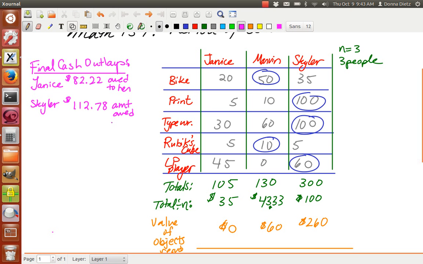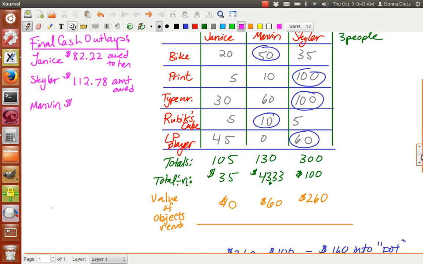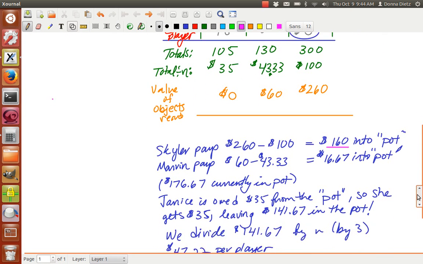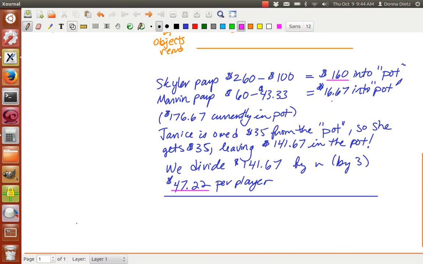And then who else do we have? We have Marvin. The question is, is Marvin going to pay or is Marvin going to receive? Well, clearly if Skylar is paying 112, Janice isn't receiving all that, so Marvin's going to be the one receiving the extra. But let's first make sure that works. Marvin originally thought he had to pay $16.67.